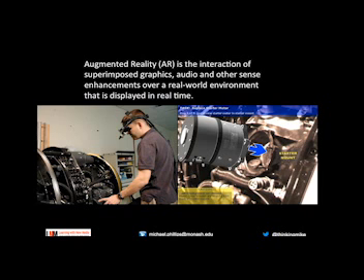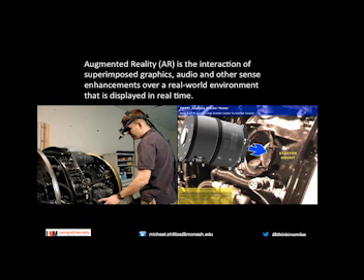Augmented reality is a little bit different. Augmented reality is this interaction of superimposed graphics, audio, or other sense enhancements, so maybe video, over a real world environment displayed in real time. So you can see the real world environment, but you also get to see additional information through the lens of something. So in this particular example, the photograph on the left hand side, you can see an engineer working with a relatively complex piece of machinery, and he's wearing a headset.